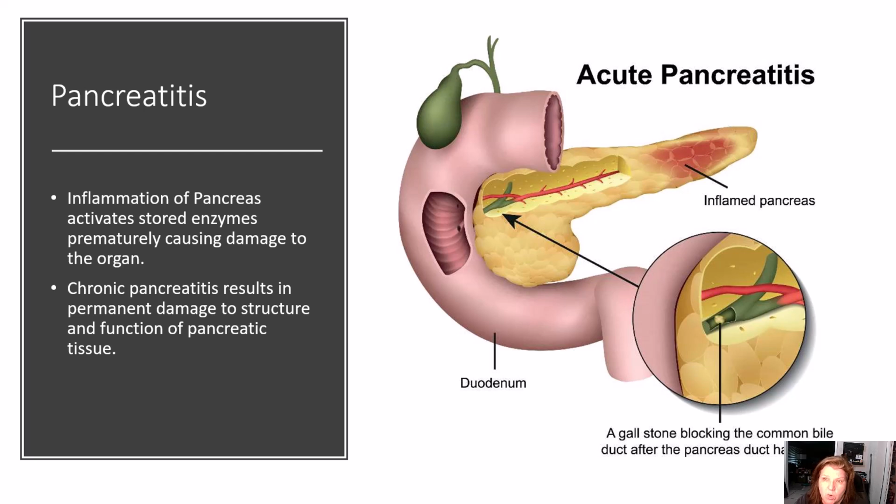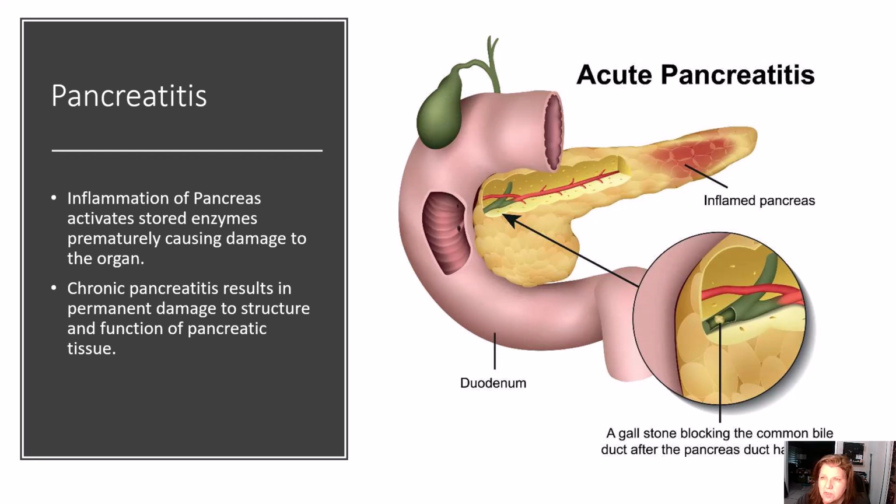When it becomes a chronic condition, where it's happening over and over again, the damage to these cells becomes permanent, and we start to lose function with things like the beta cells that create insulin. And so long term, we can have some damage to the ability to manage blood sugars.